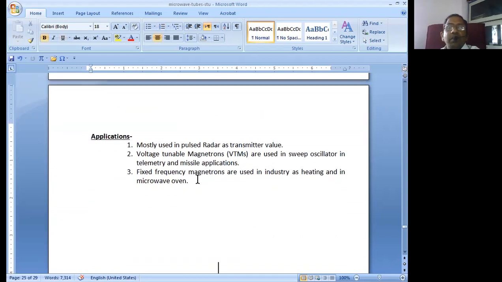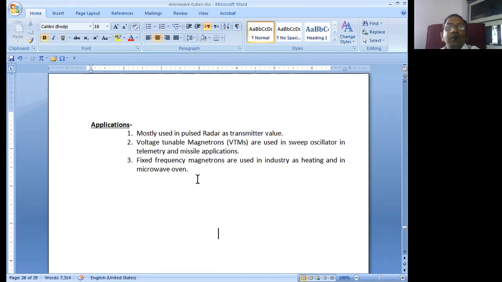Duty cycle is 0.1%. Now, where do we normally use the magnetron? We use it in microwave ovens. The microwave oven normally generates fixed frequencies. Therefore, the microwave oven comes under the fixed frequency magnetrons. So they are normally used in industry for heating purposes, and in commercial use for microwave ovens.